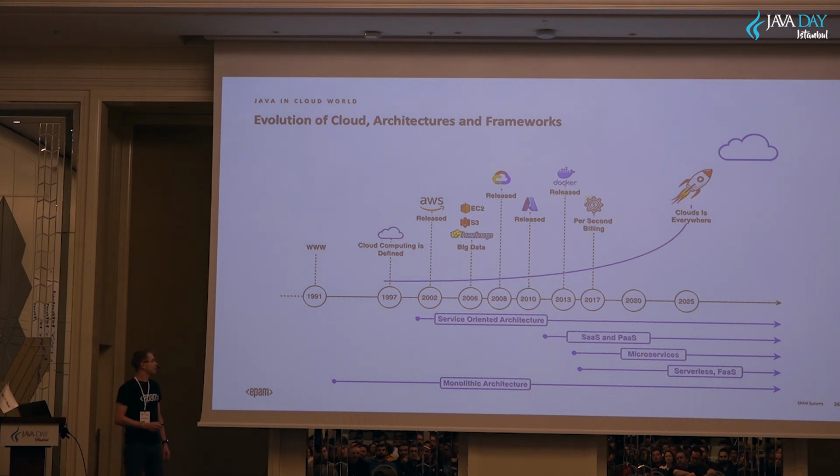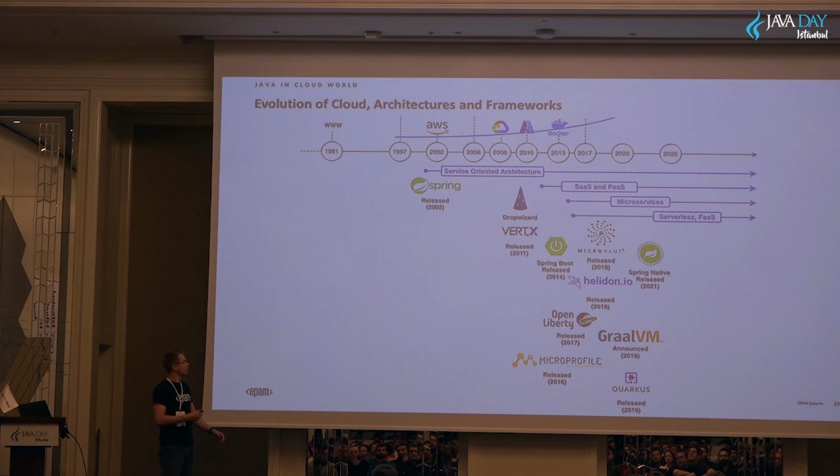And now let's switch to what was happening with Java in these years. As you can see, Spring was released in the same year when AWS was released. For example, Spring Boot was released when we had already started implementing microservices.